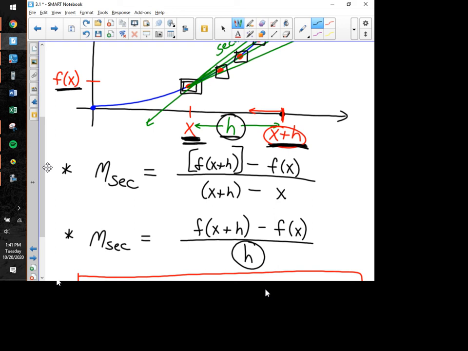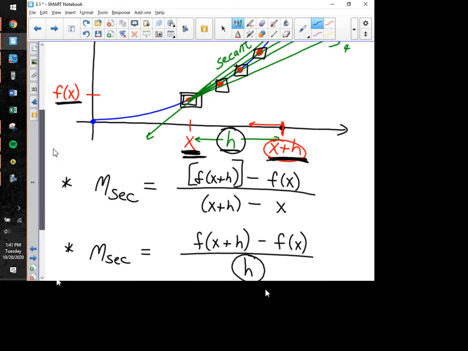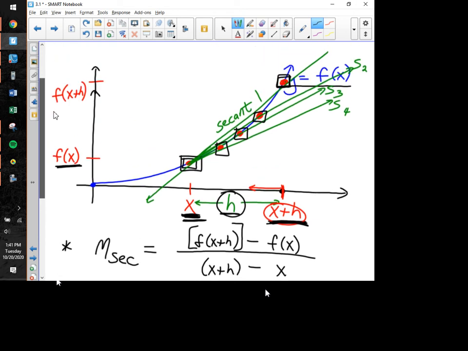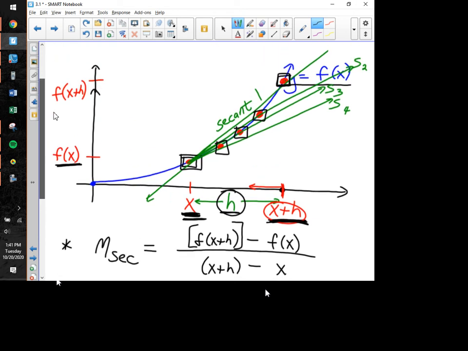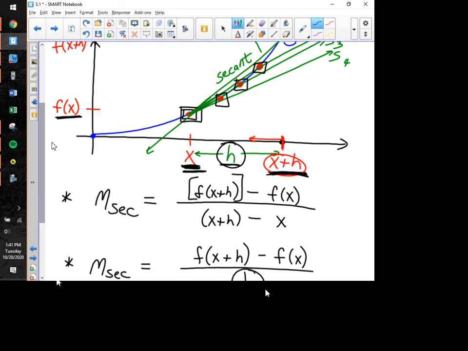And now we've got something new in our mathematical toolbox that we didn't have before, and that of course would be the concept of a limit. Now all of a sudden this is going to make a little bit more sense. If we want this secant line to become a tangent line, we need to take this value of h and shrink it down as far as it can go.